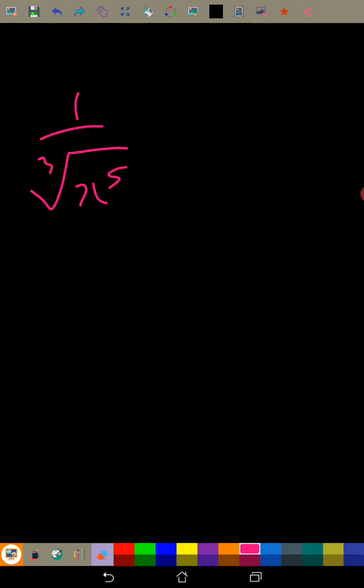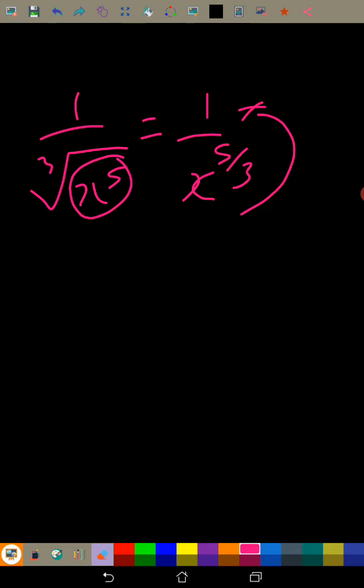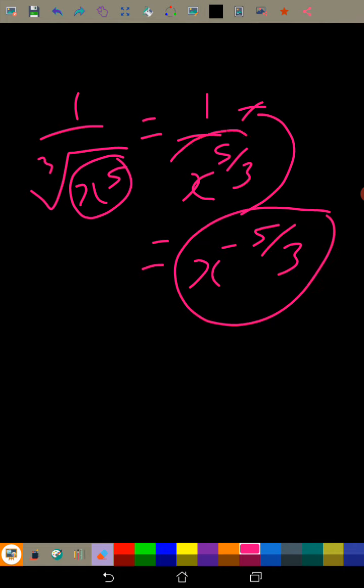Let's try something more complicated. Here we have x to the power of 5, and we are rooting it to the power of 3, so cubic root if you want. First of all, we can rewrite it down here. So it's 5 over 3. By bringing it up, it's going to be x to the power minus 5 over 3. So it's good to write it already in this rational form, so that you don't make mistakes by doing everything at once.